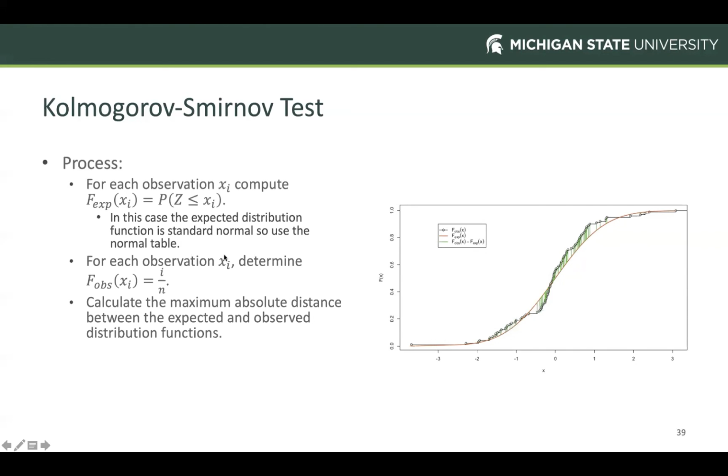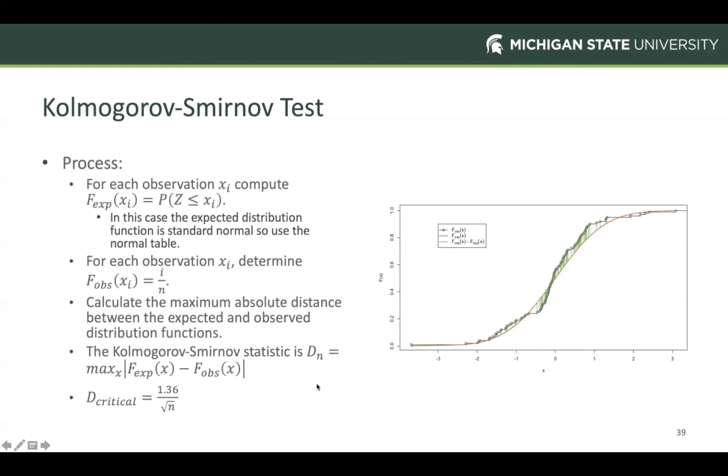We're just taking F expected minus F observed, or vice versa. We're just concerned with the absolute magnitude of those differences. Whichever of those is the largest difference is going to be our Kolmogorov-Smirnov statistic, the maximum value of any of those observed differences.